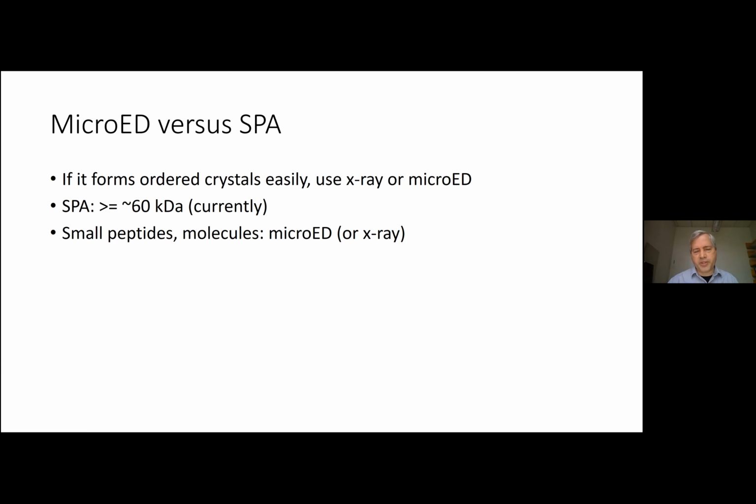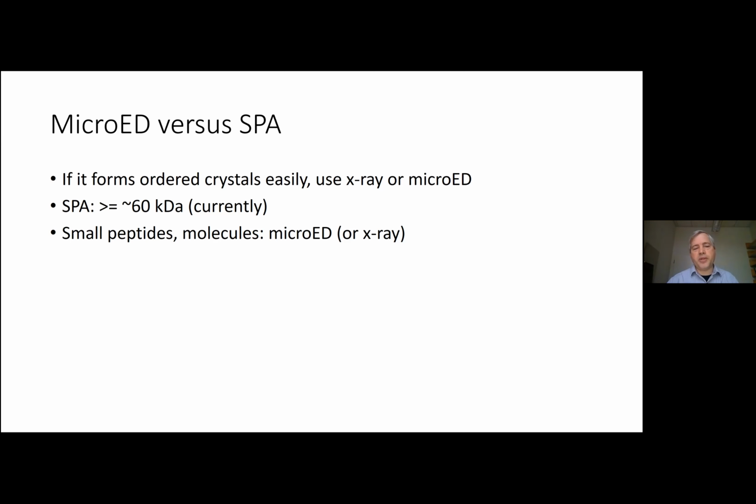I know we've recently had someone get a 3.3 angstrom map of a 60-something kilodalton protein on the Arctica, so it's quite possible. It may take quite a bit of work, but if you can get crystals, it's faster, and either X-ray or MicroED could be faster. Otherwise, single particle can be fast as long as things are well behaved.